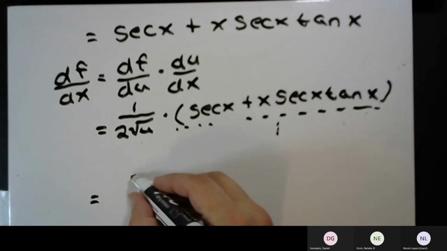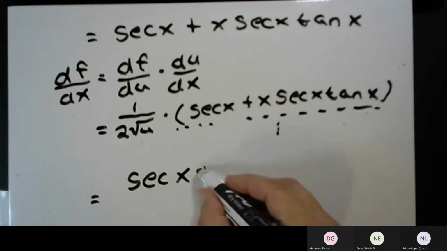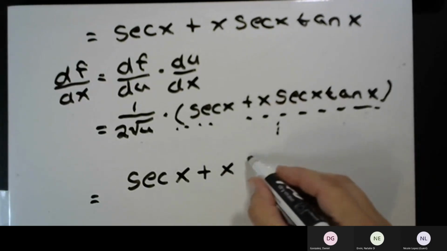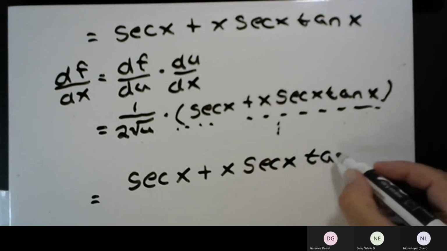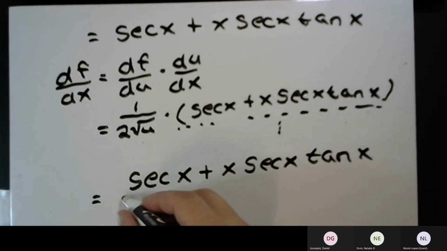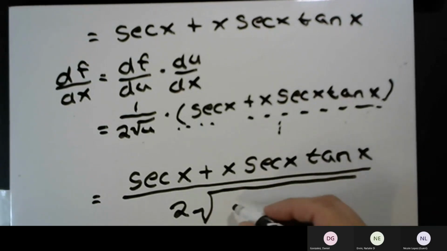And so what we'll get, secant x plus x secant x tangent x over 2 and then the square root. Now we're going to replace u.